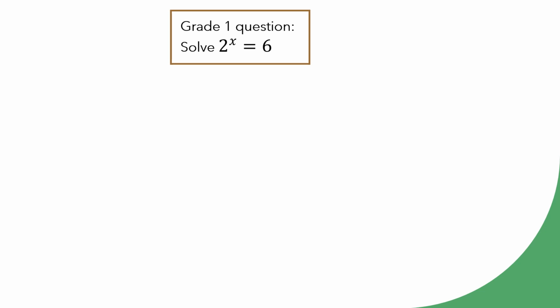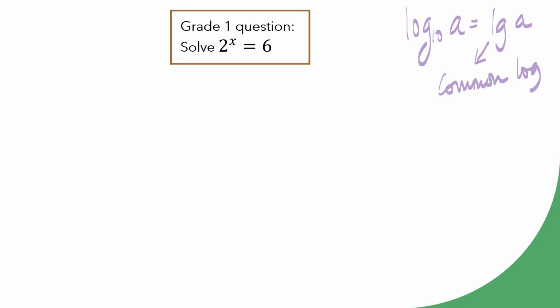Basically, there are two types of logs that we have learned so far. One is log base 10, which is commonly written as just LG, and this is called the common log. It's a common log because you see it in your calculator, where the base is base 10.